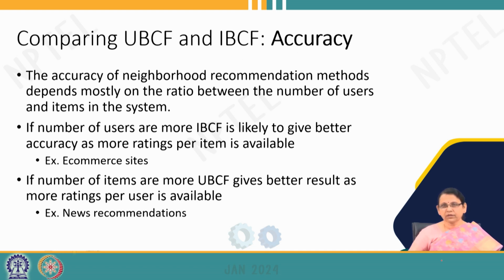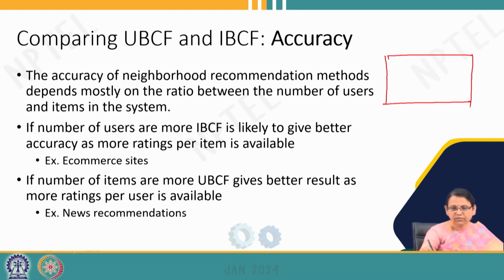And why is it supposed to give better accuracy? Better accuracy of a model depends on the data availability. To remind you, we have users here and we have items here, and in this space we have ratings.